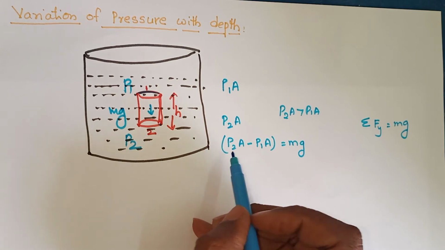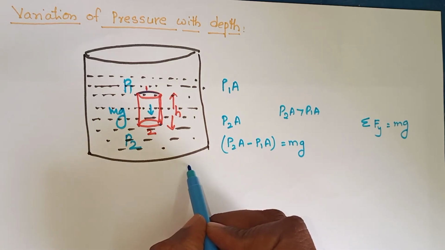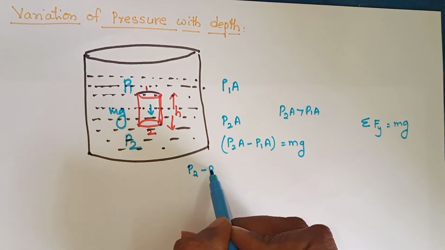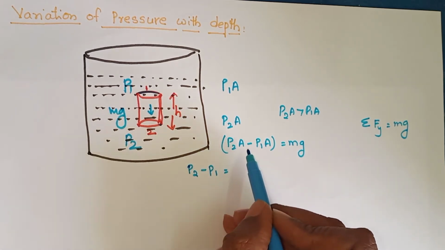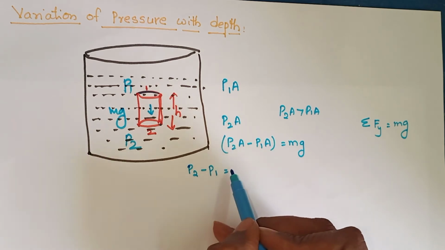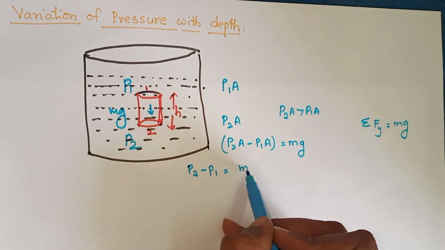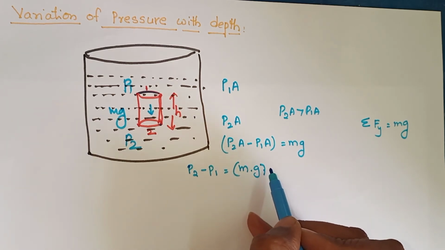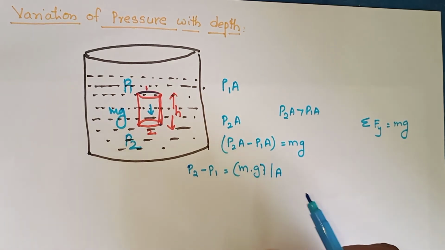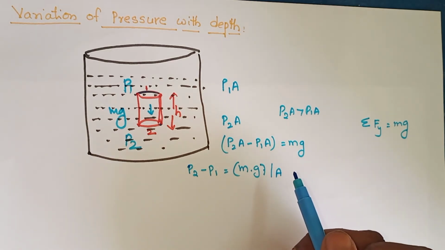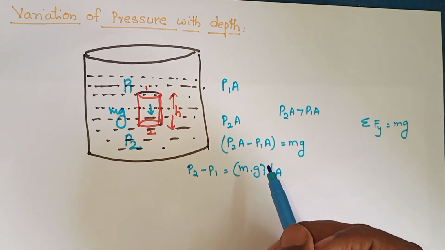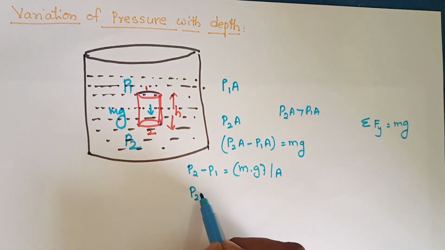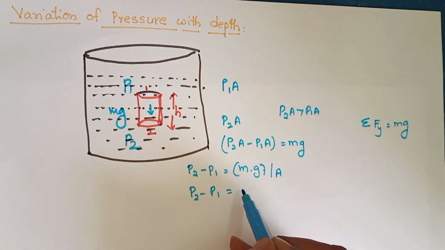A is common, so P2 minus P1 is equal to mg by A.